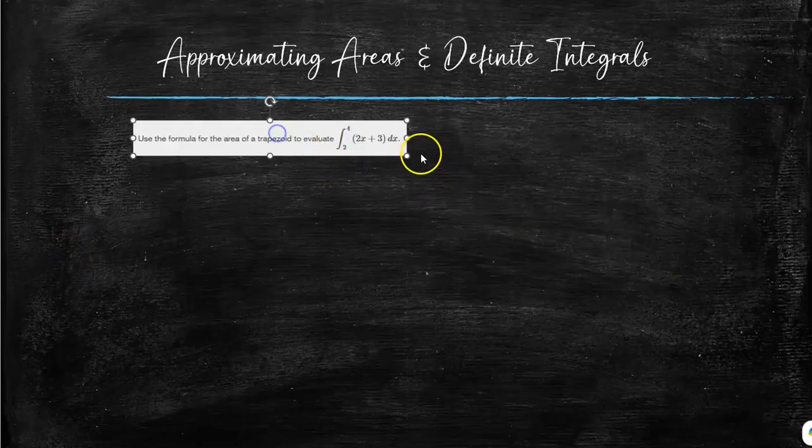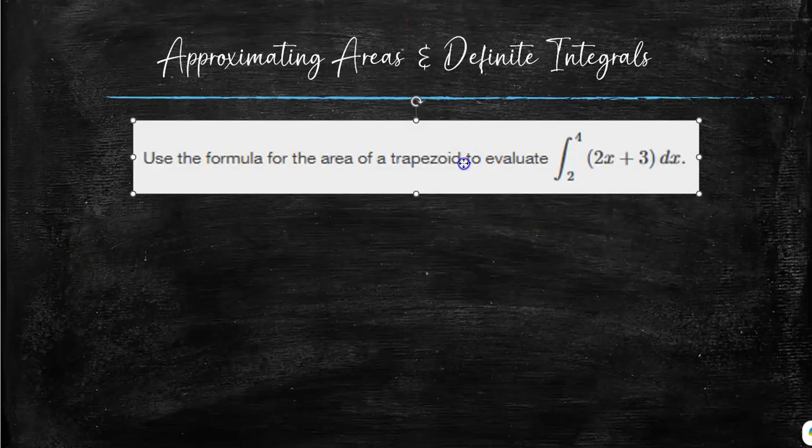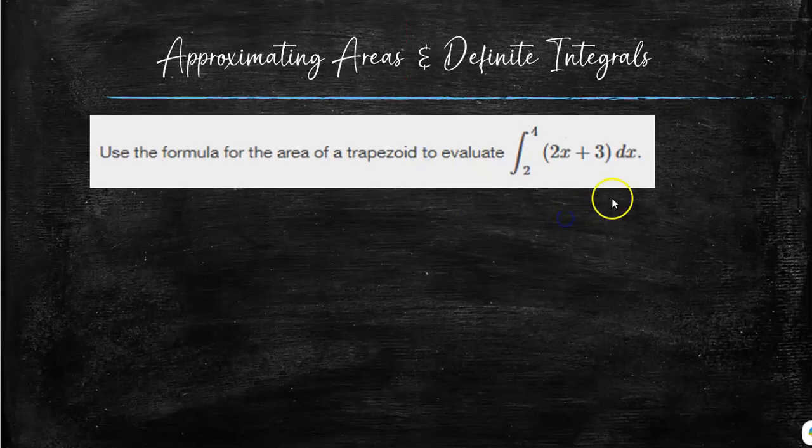I'm going to ask you to do this real quick. I want you to draw this graph by hand, and then find the area under the graph of this function on the interval from 2 to 4.